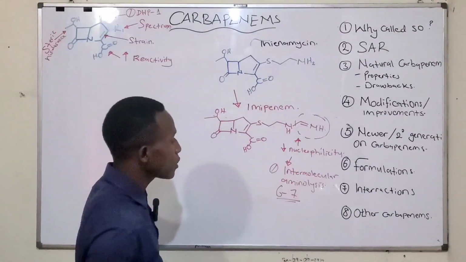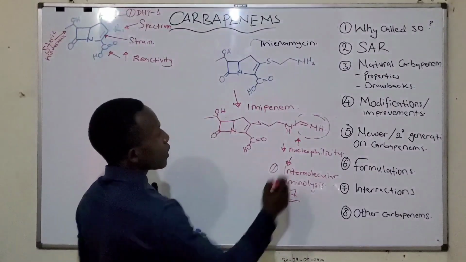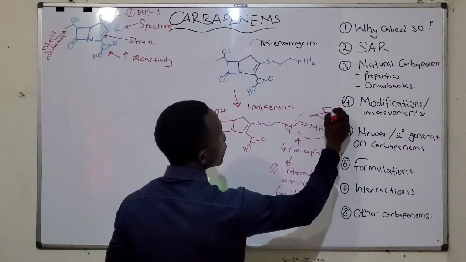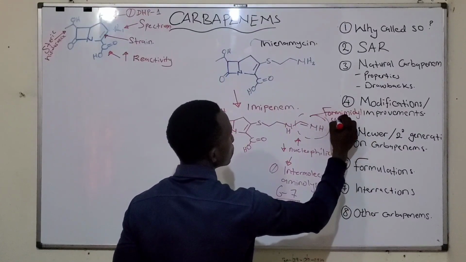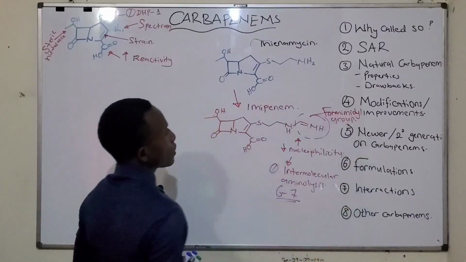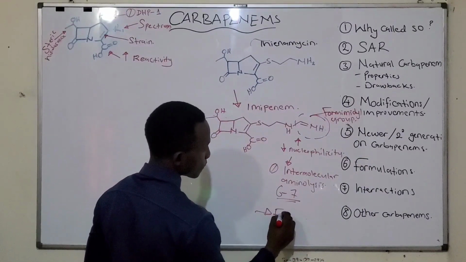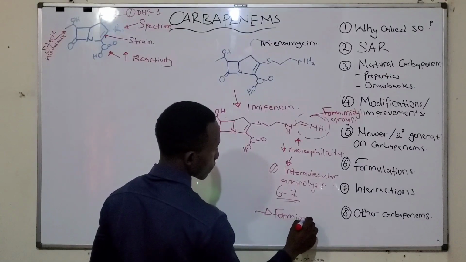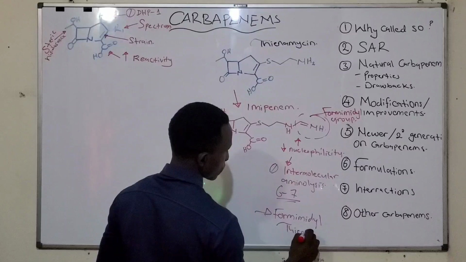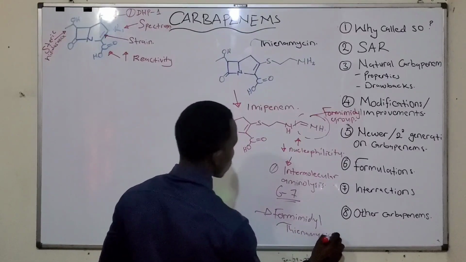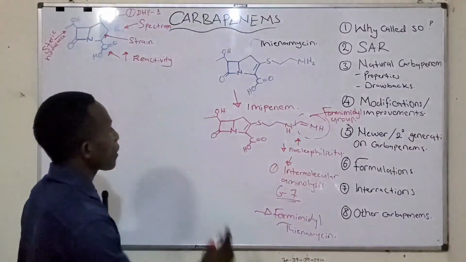There is no decreased activity of that drug. This group is called the formimidoyl group. So imipenem is also known as formimidoyl thienamycin, because of this formimidoyl group.